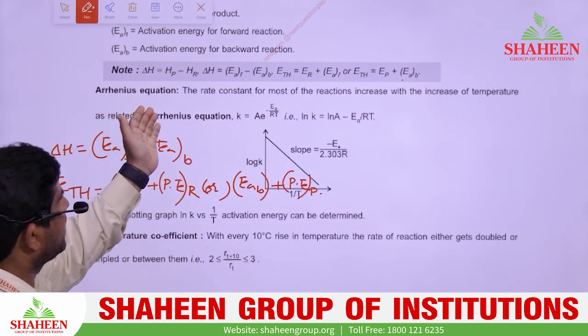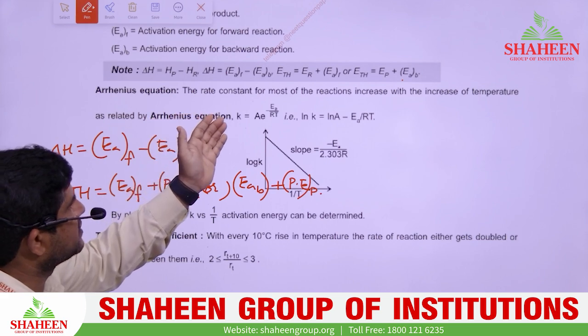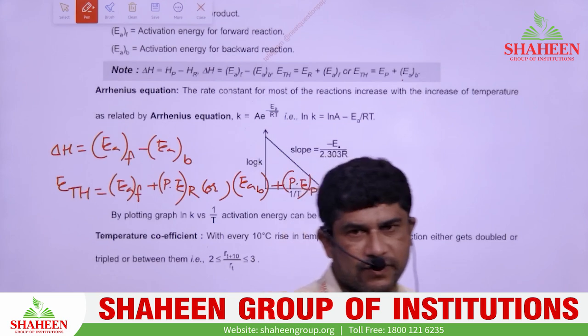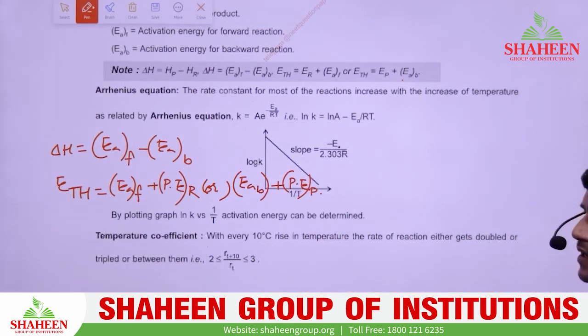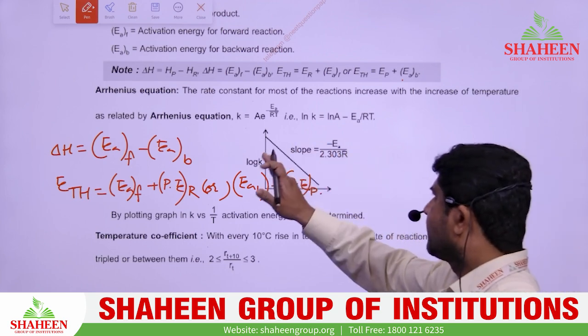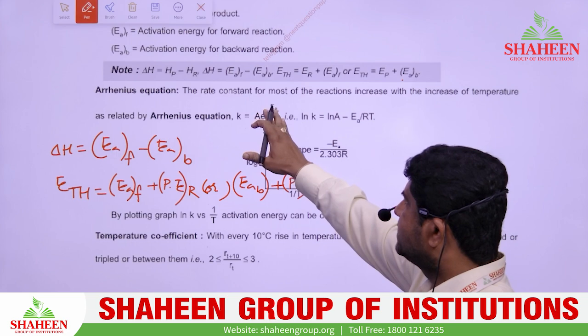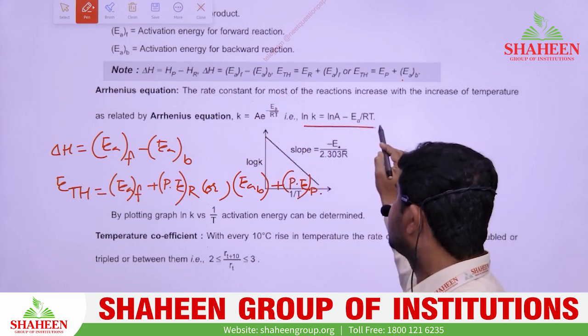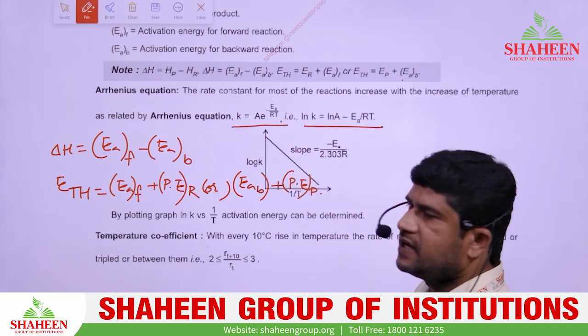The rate constant for most reactions increases with increase in temperature. This is a very important point. As we discussed in the last class, the effect of temperature, the relation between activation energy, rate constant and temperature can be expressed using this equation, the Arrhenius equation.